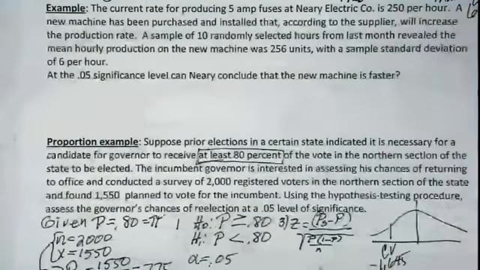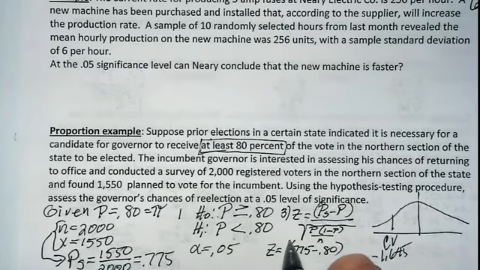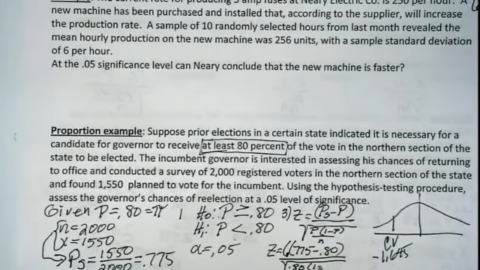Okay, I will substitute it in the formula here for you. So the proportion of the sample is 0.775 minus 80% in parentheses, over the square root of 80% times 1 minus 80% over the sample size of 2,000.